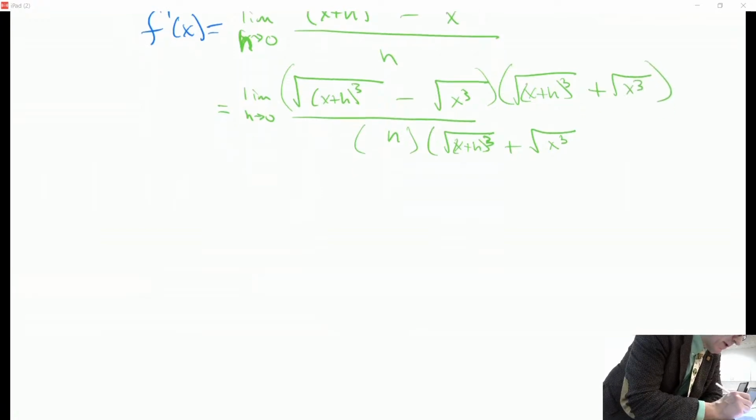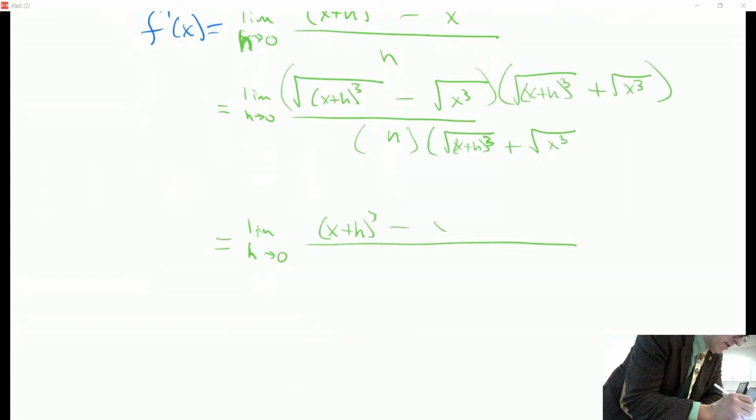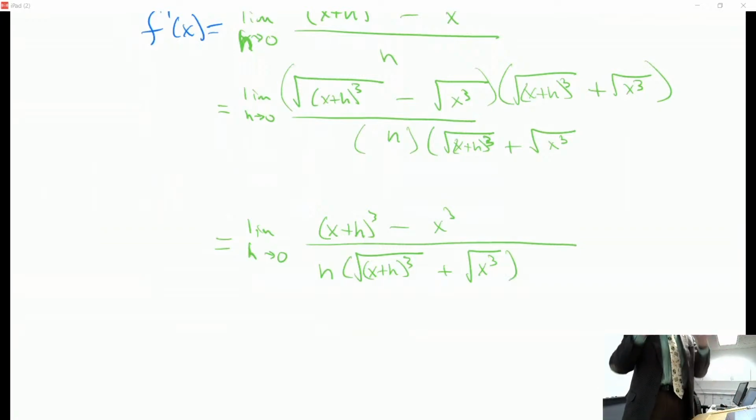If you'll forgive me for not showing you all of the steps, you'll just have to trust me that I know what I'm doing. I'm a professional. You end up with (x plus h) cubed minus x cubed over h times this nasty thing. After all is said and done, simplifying, that's what that gets to.